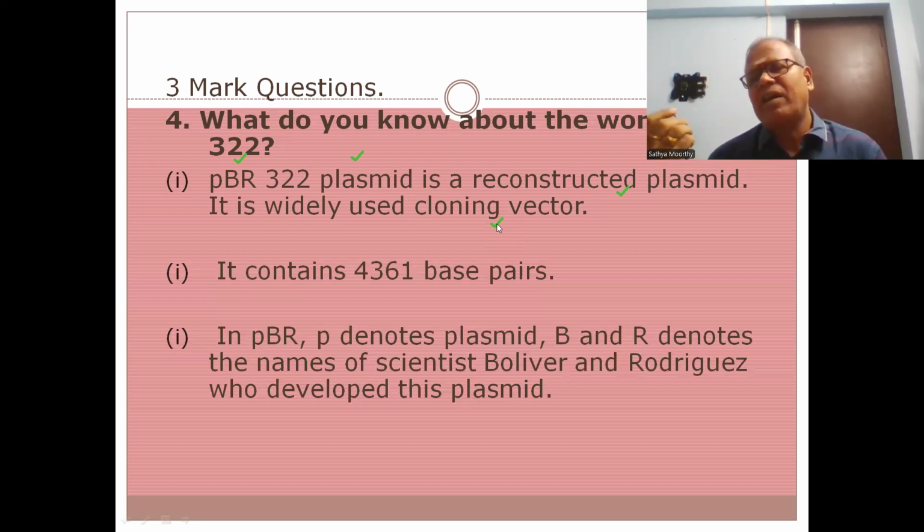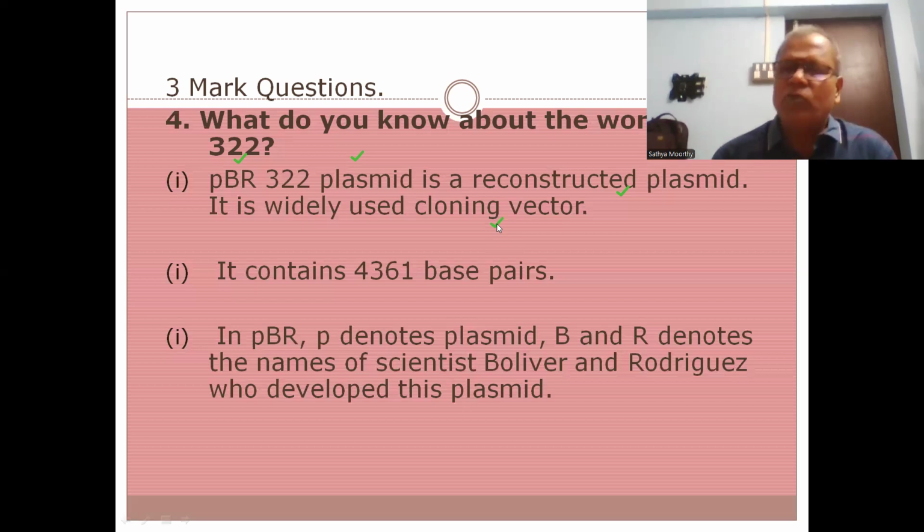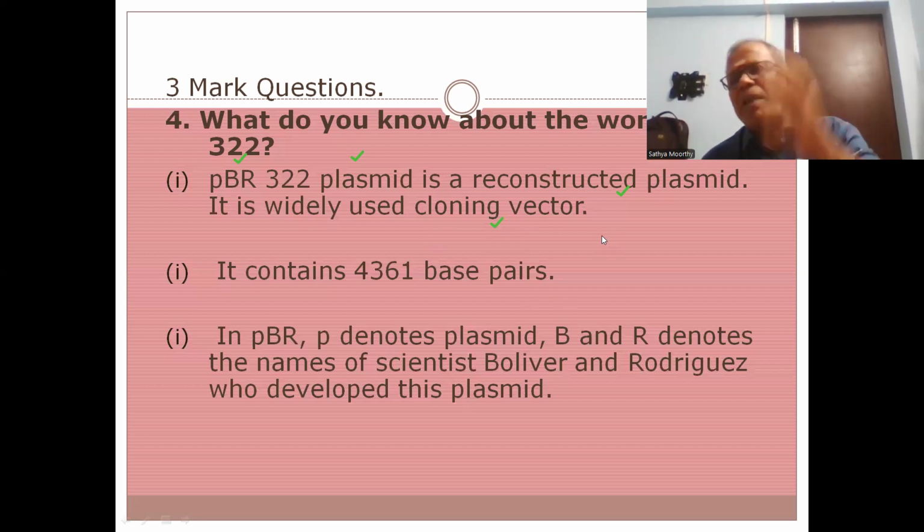Vector means carrier: female Anopheles mosquito, female Culex mosquito, and female Aedes mosquito act as a vector to carry the pathogen from one organism to another. So this plasmid as well as bacteriophages, and in animal systems retroviruses, act as a vector to carry the gene from the donor to the host.